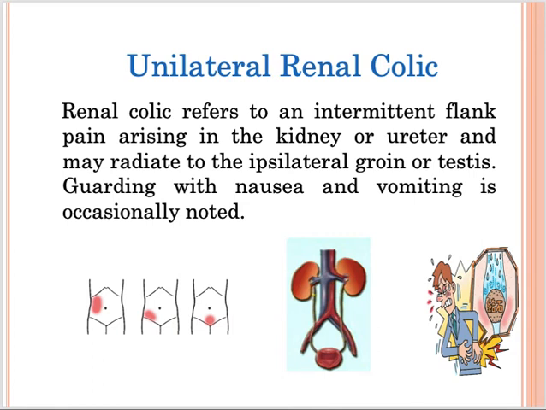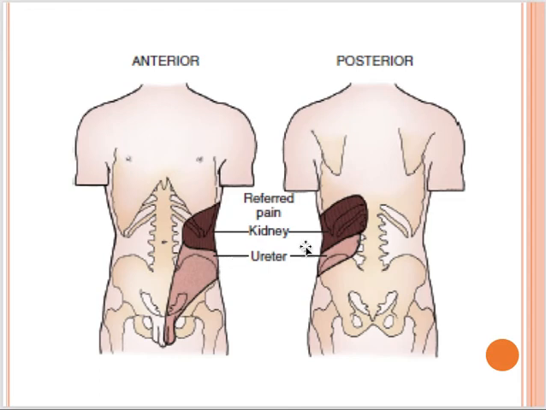Sometimes the pain can be very severe, sometimes not too severe, and you can see over here the pain could be here, here, or here. These are the referred pain of the kidney and the ureters, and see, it is radiating towards the scrotum or the labia, right?